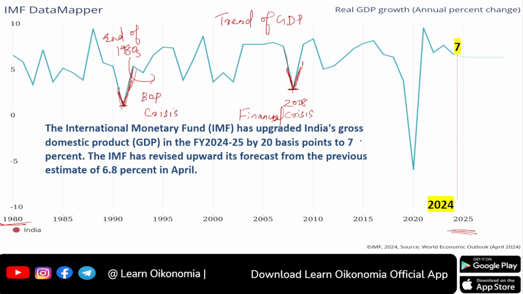Now, we could have a very severe dip during the 2019-20 period. Why? Again, this is due to the COVID pandemic. The COVID pandemic was gripping the entire world, and India was not an exception. India was also having the crisis, and we were having a lockdown.